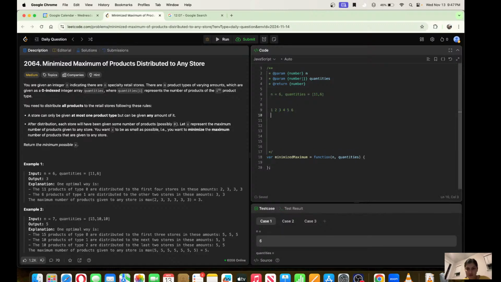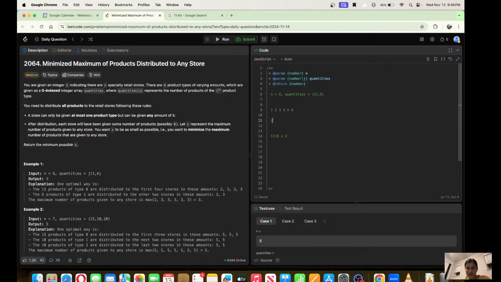So there are 6 stores, and I want to minimize the maximum number of products given to any store. Since I only have 17 products and 6 stores, 17 divided by 6, and I need to distribute all products. 6 times 3 is 18, 6 times 2 is 12.